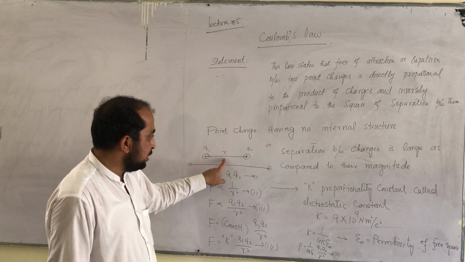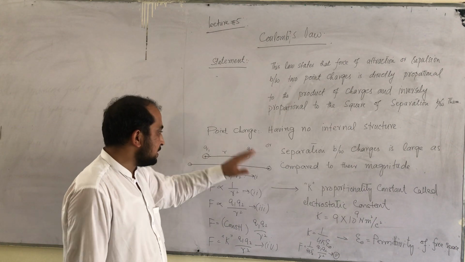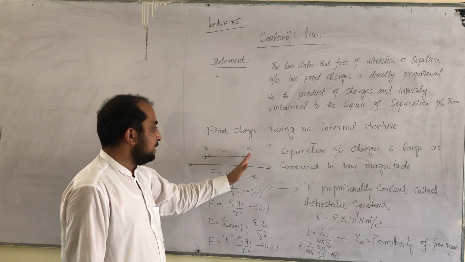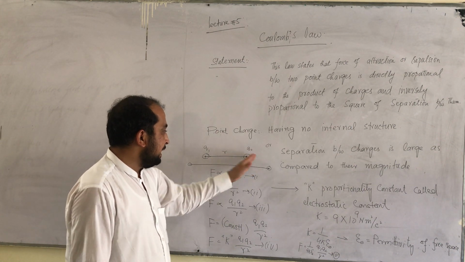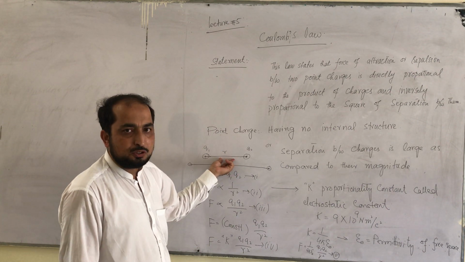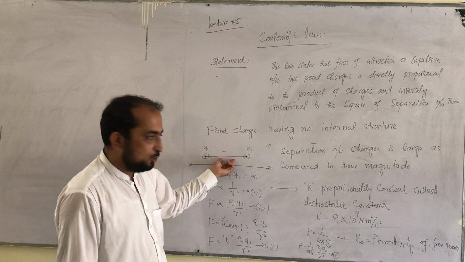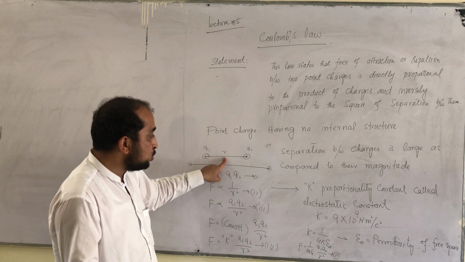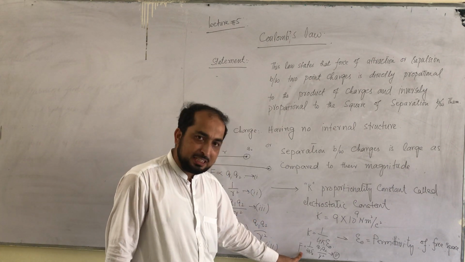At that time the damage will be more. But if a third person enters and separates both of them, at that time the damage will be minimized. So therefore when we put insulating material, the force will decrease.